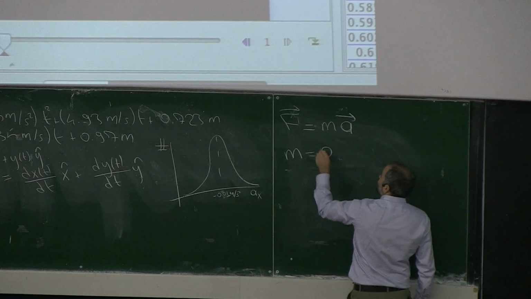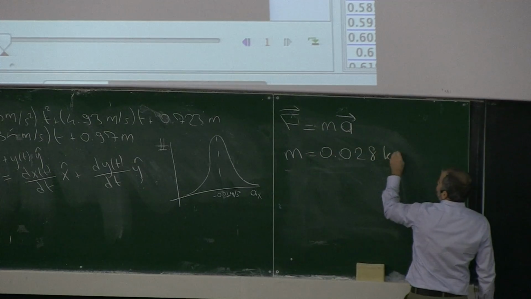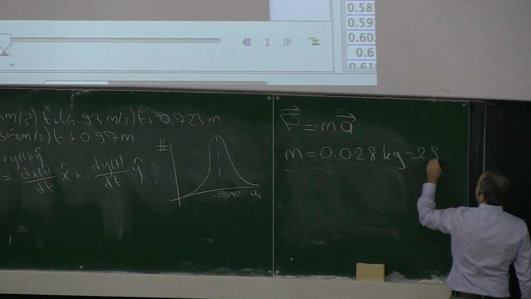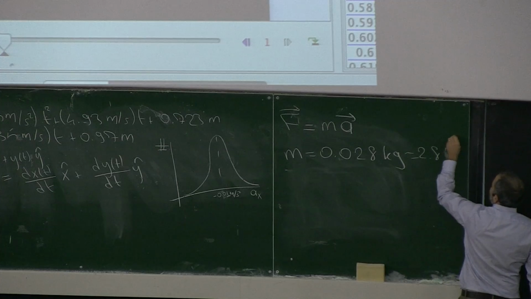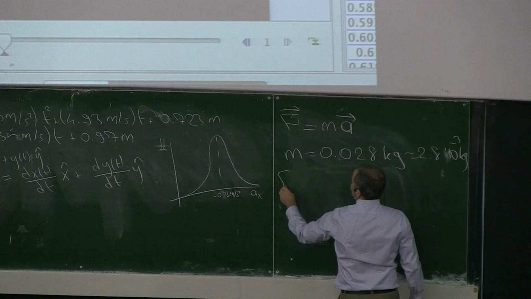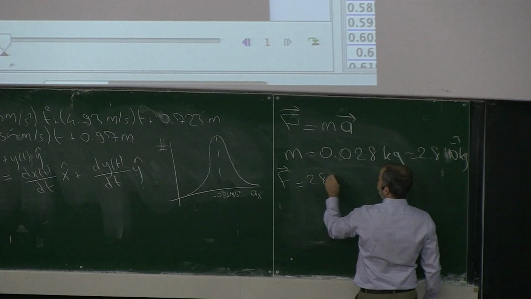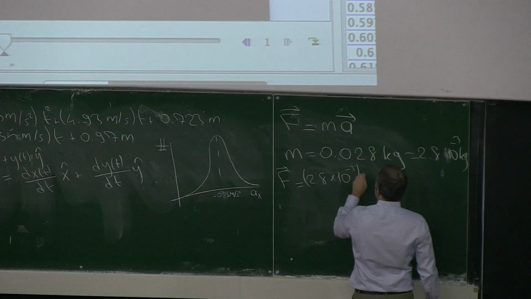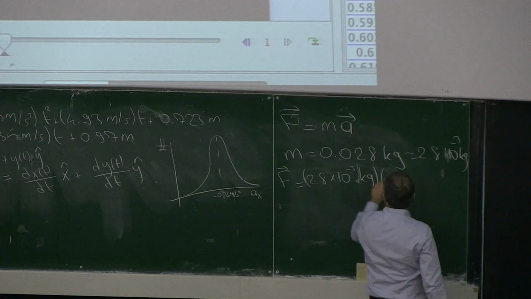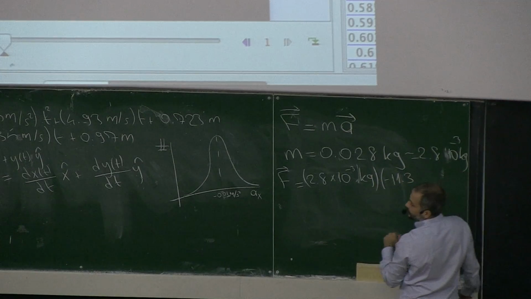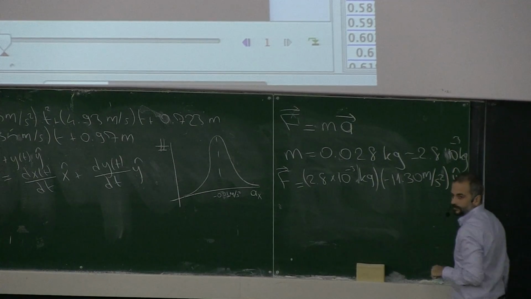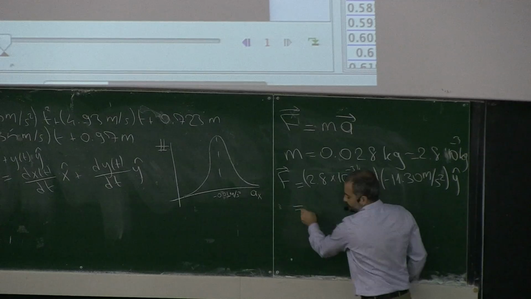The mass is 0.028 kilograms, or 2.8 times 10 to the power minus 3 kilograms. This is my mass. So the force acting on my mass is 2.8 times 10 to the power minus 3 kilograms times the acceleration, which is minus 11.30 meters per second squared in the y-hat direction.